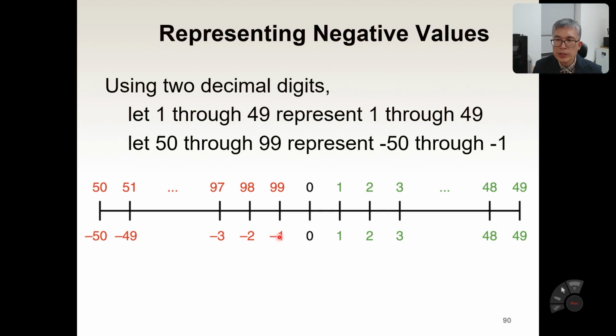The idea is to sum the absolute values: 99 and minus 1, whose absolute value is 1, right? The sum is 100, but in the 2-digit case, the third digit is a carry. That carry overflows out of the 2 digits and is forgotten. So the sum is 0.